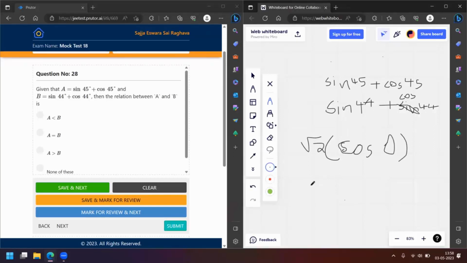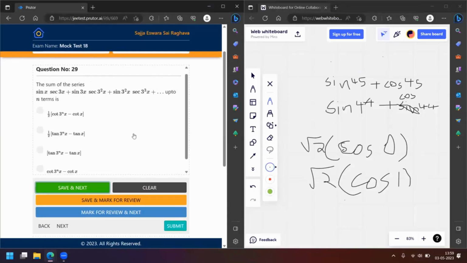So similarly, below, if we multiply with sine 45, we will get sine 45 cos of 45 minus 45, which is cos 1. Since we know cos is a decreasing function between 0 to pi by 2, we can conclude that cos 0 is greater than cos 1, which is a is greater than b.